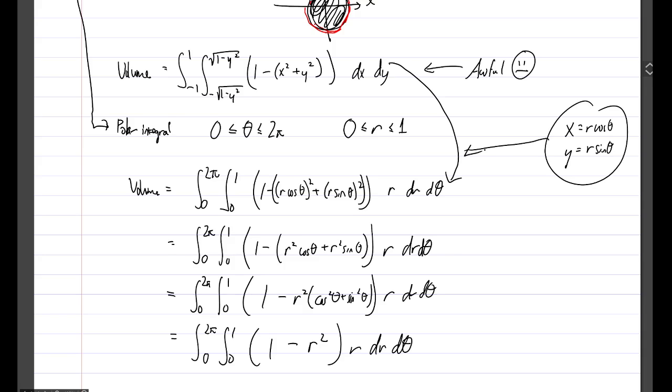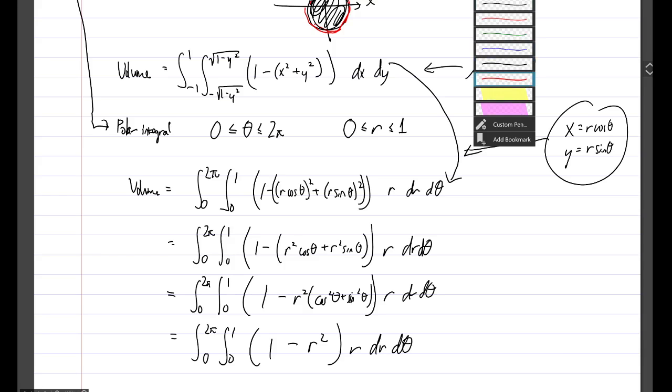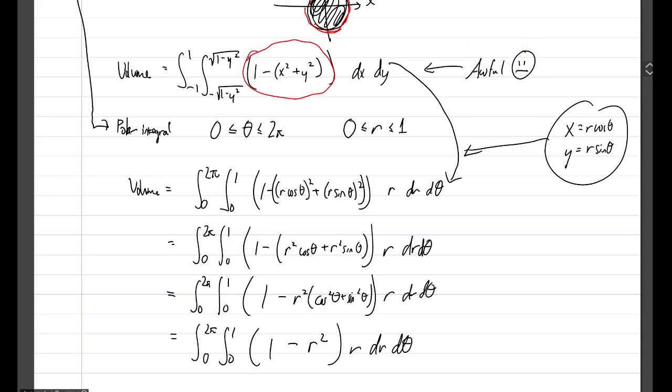I'll just comment that, just because of the format of this particular problem, we could have been lucky much earlier if we had just noticed that right there, this x squared plus y squared, which is in parentheses, could have just directly been replaced with r squared. So we could have skipped directly down here. I just wanted to show what would happen in general, though.